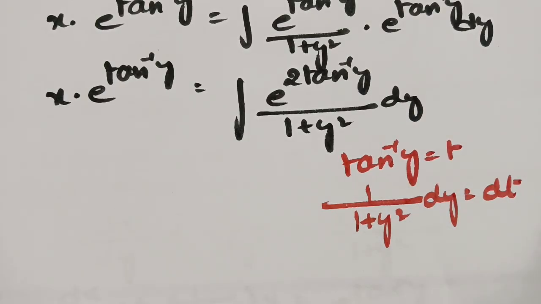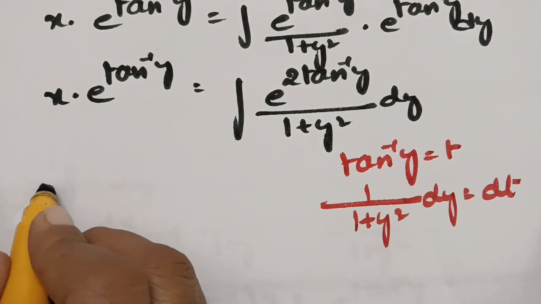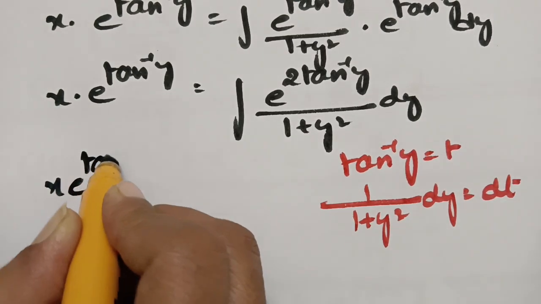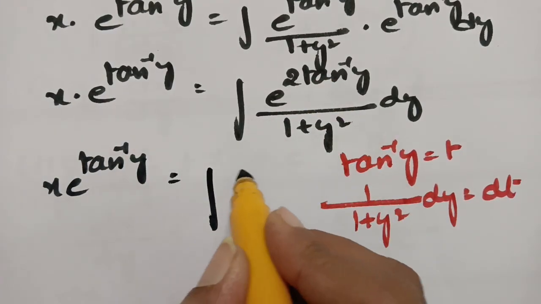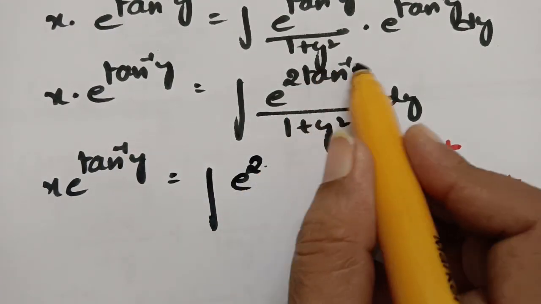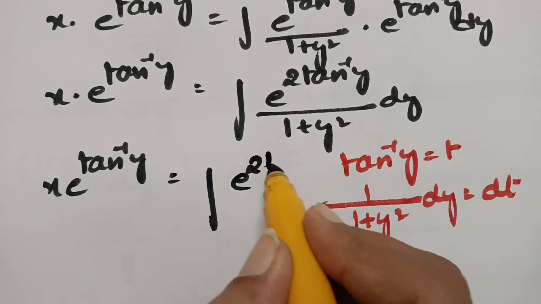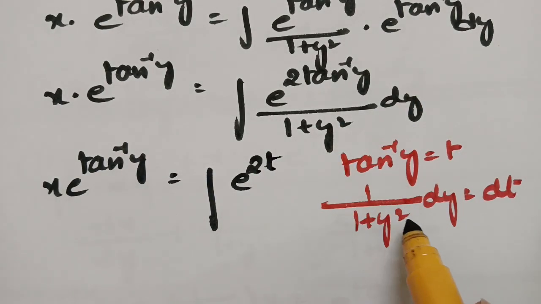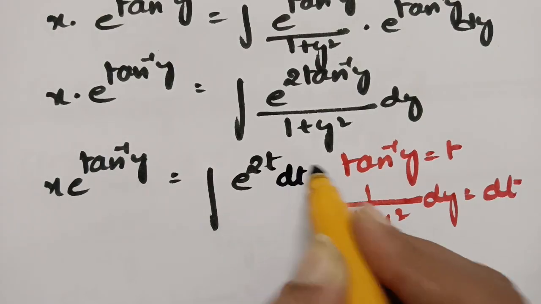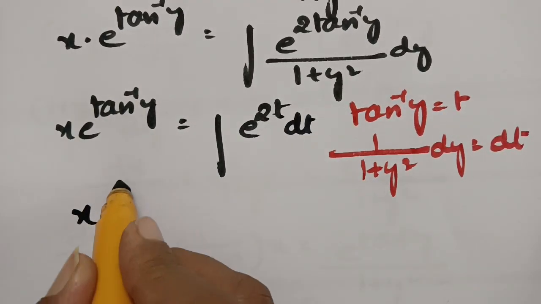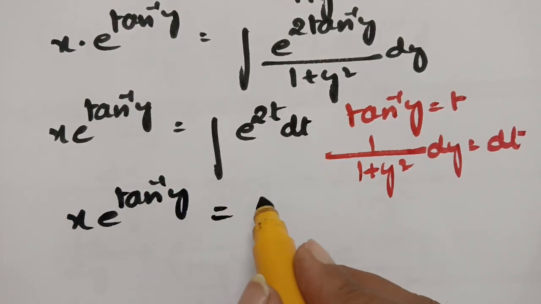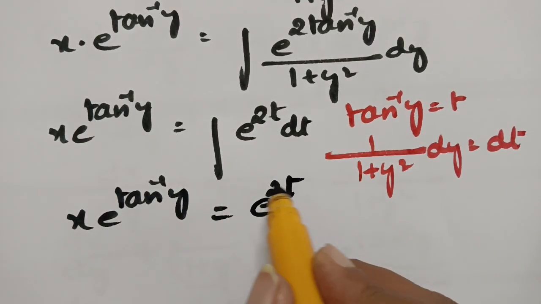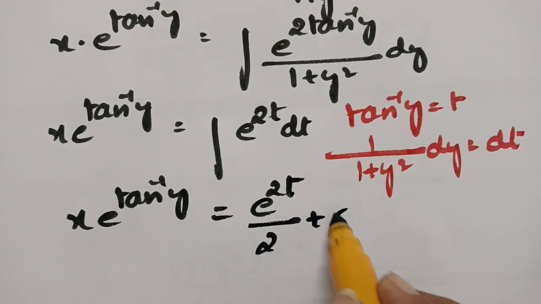Applying the substitution in this equation, x into e power tan inverse of y is equal to the integral of e power 2t dt, which gives e power 2t by 2 plus c.